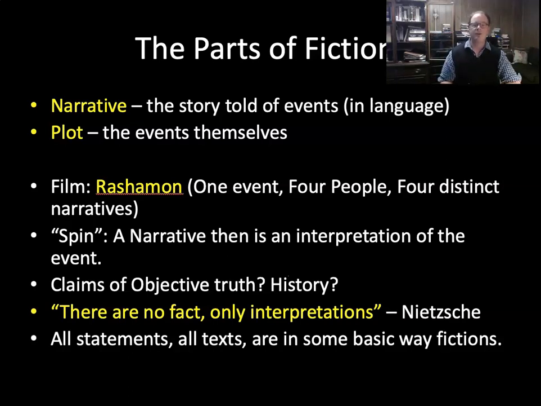So the plot refers to literally the events themselves and their structure, their chronology, right? And we know that, for example, narrative time is different than chronological time. The plot consists of chronological time. And by chronological time, I mean the tick, tick, tick of the clock, right? Chronological time only works in one way.